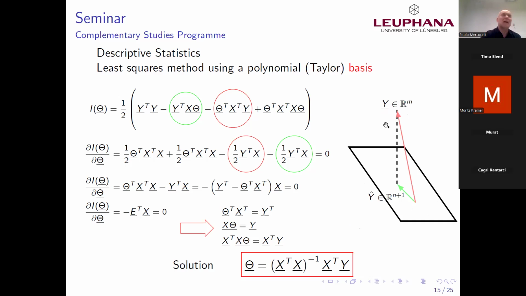probably you heard about that. No? I try to approximate this vector in a reduced dimension. It is the dimension of the parameters, n+1.